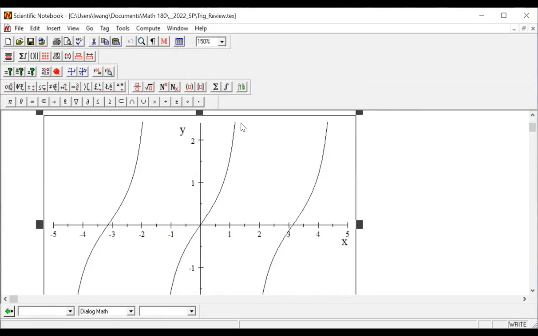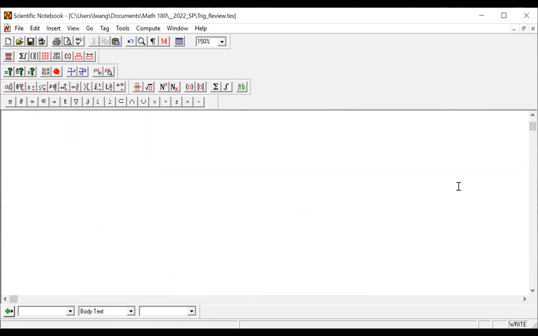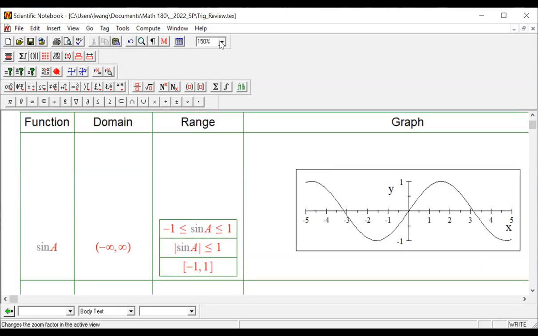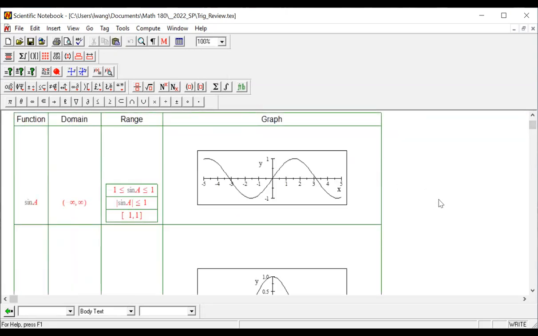Here's the graph. You see there are vertical asymptotes at the odd number multiples of pi over 2. Okay, so the picture tells us so. Okay, so let me make it just a little bit smaller.